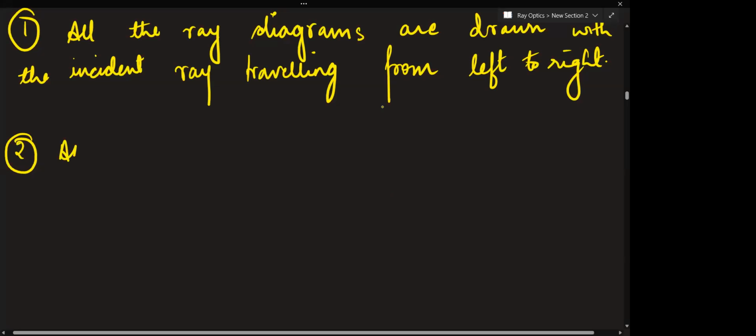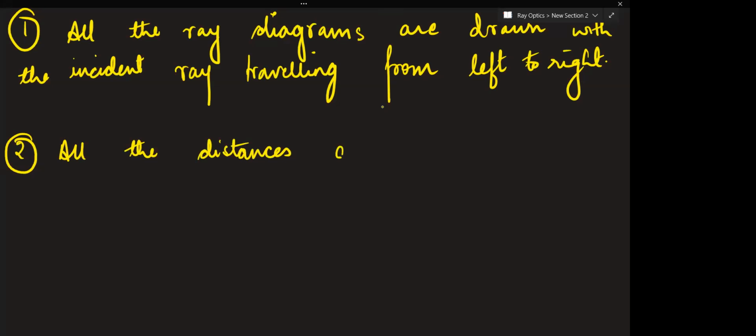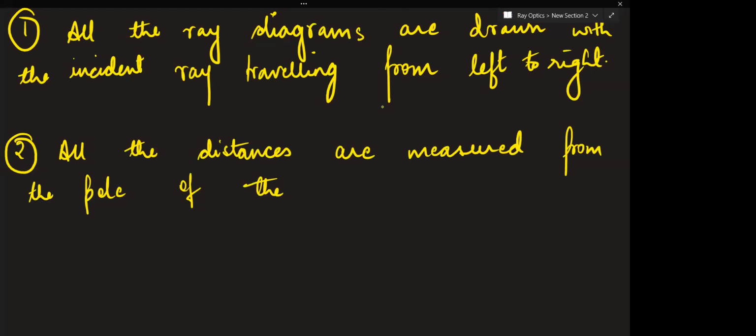So all the distances are measured from the pole of the mirror.